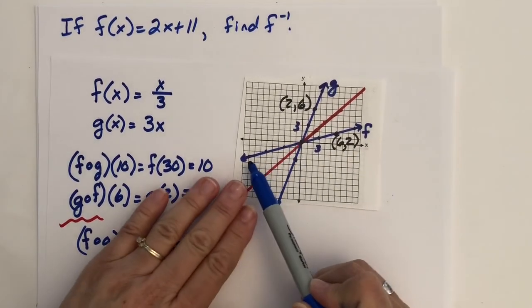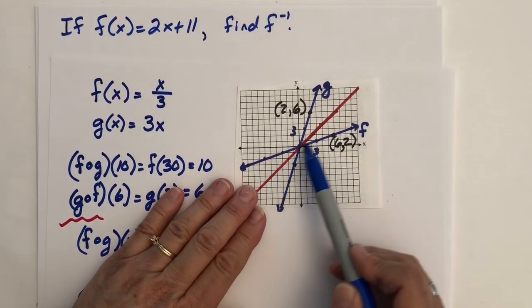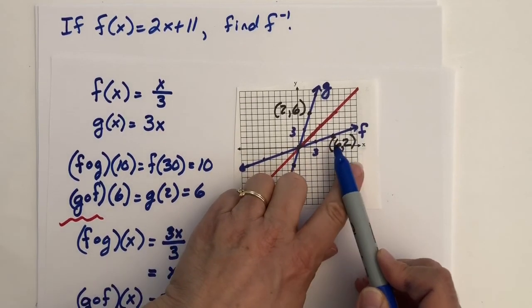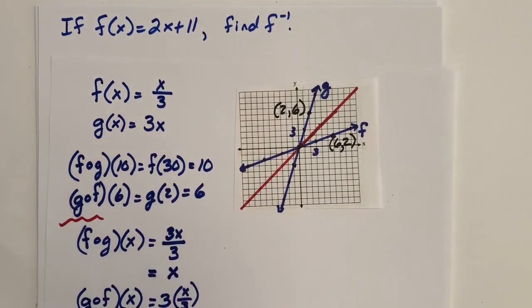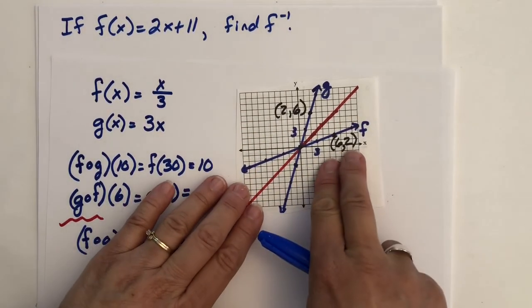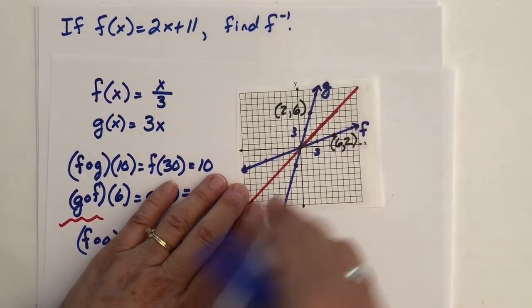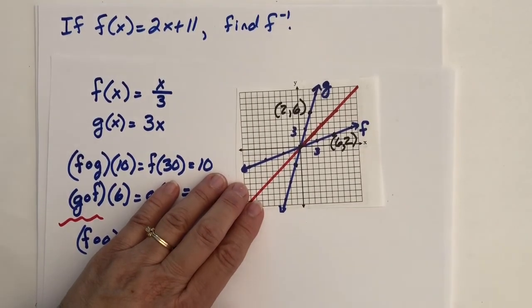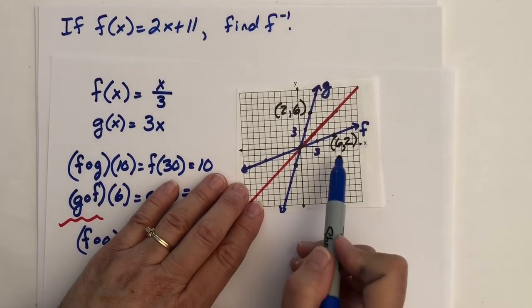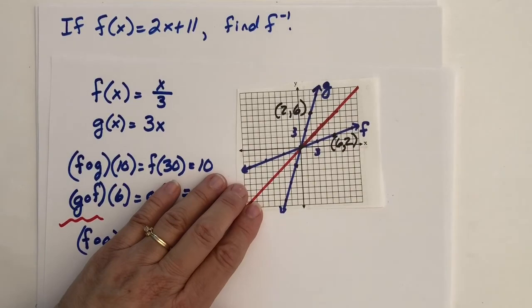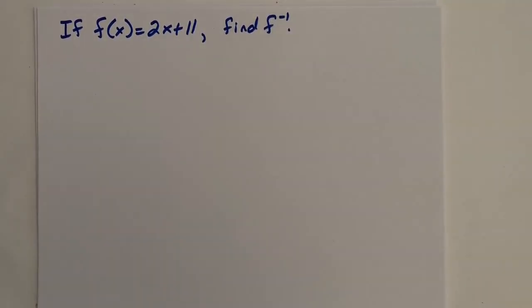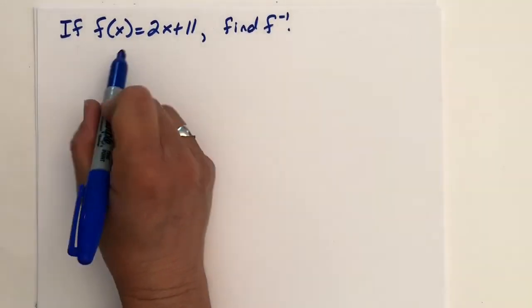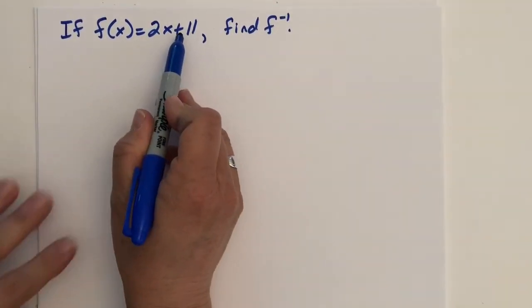I mentioned that for every point on f, if you switched the roles of x and y, the point would exist on g and vice versa. So the roles of x and y switch. The domain becomes the range becomes the domain. For every x value here, it becomes a y value. So if we're trying to find the inverse, we're going to switch the roles of x and y.